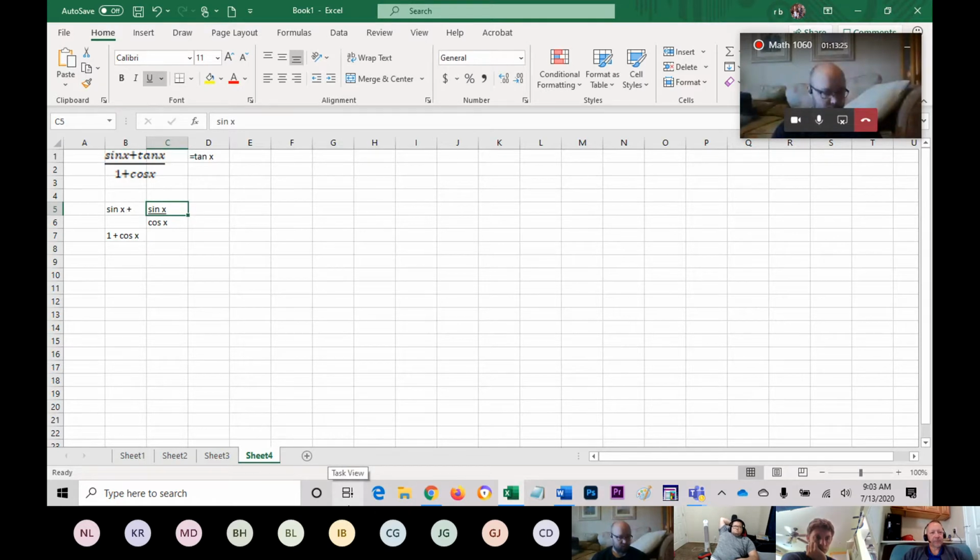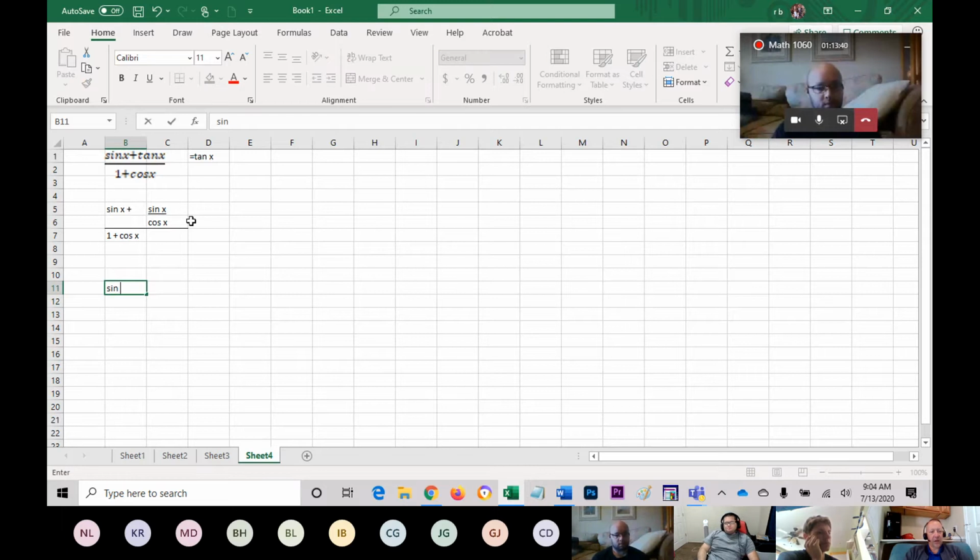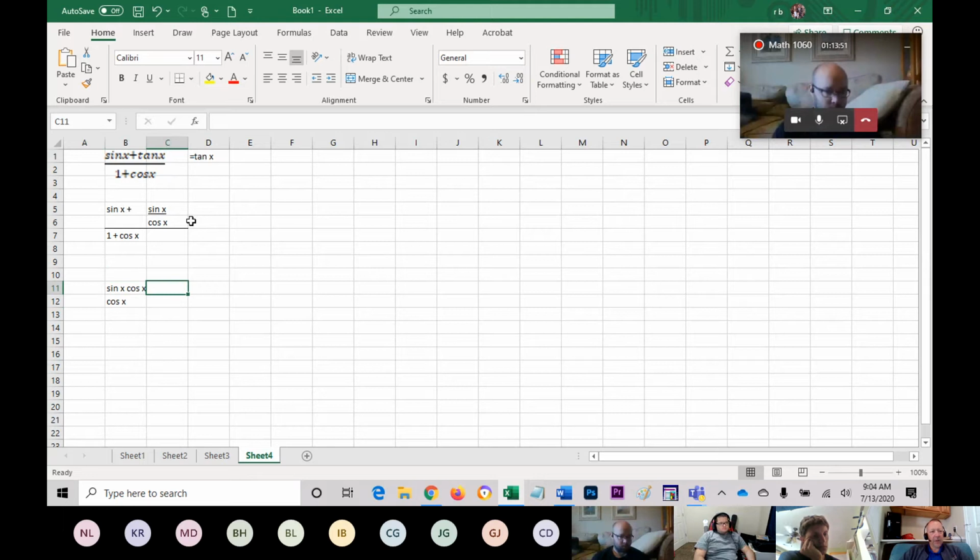Okay? And then this is my fraction. Okay? So now let's get a common denominator on the top. So that's going to be sine of x cosine of x over the cosine of x. And then I'm going to have plus the sine.